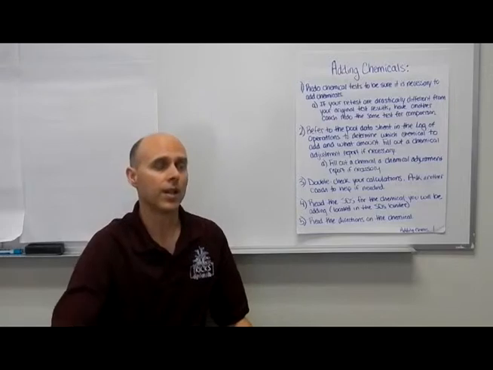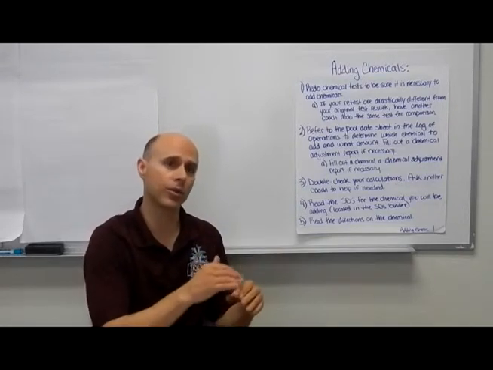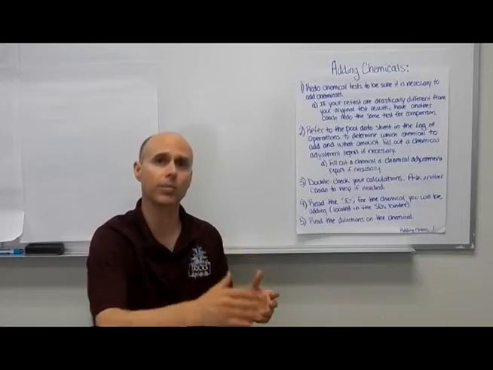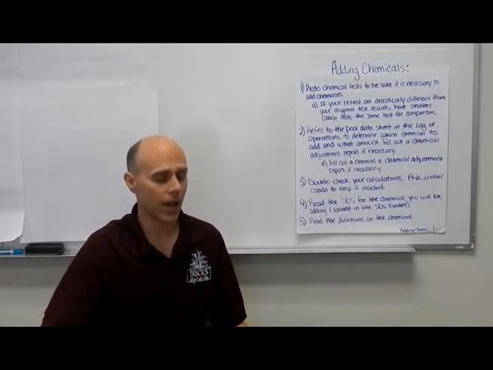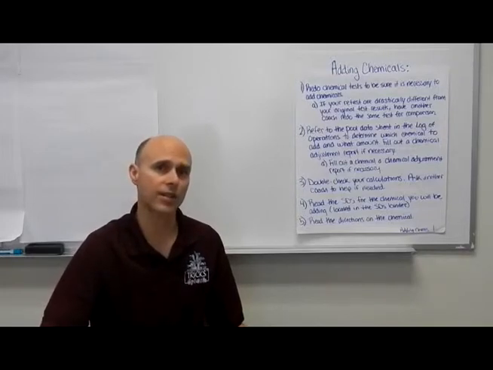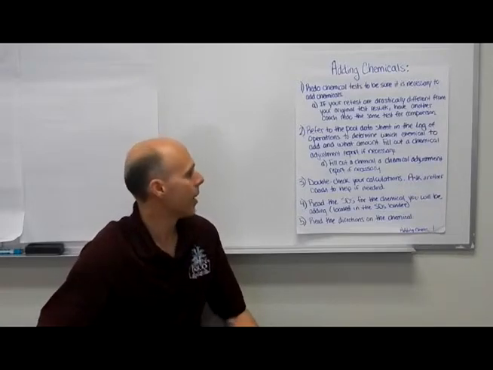That's important. After that, you need to determine how much chemical is going to create that change in parts per million. Be sure that you're doing your calculations correctly. There are also guidelines for those in the log of operations. Be sure if you have questions to ask them in advance of adding the chemical.